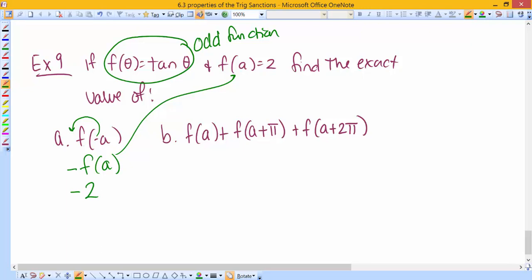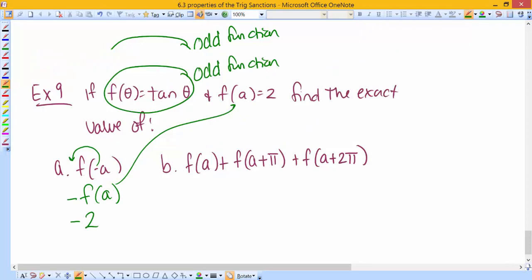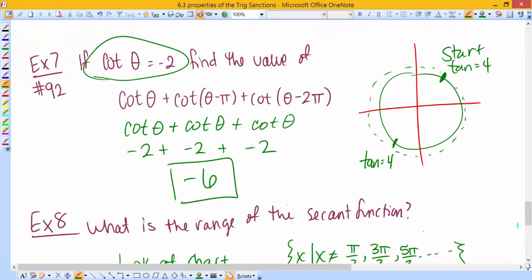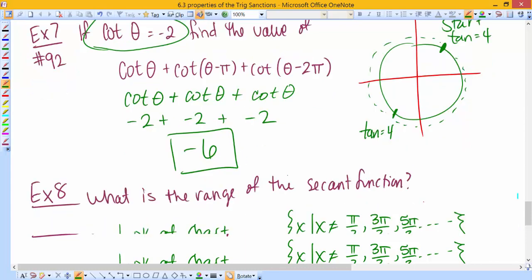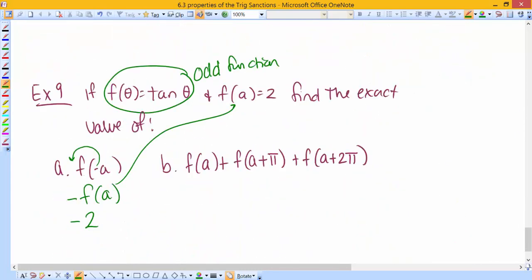Okay, now it says f of a plus pi. So I'm going to go back to tangent, and we need to remember what I just discussed in example 7 about the periodicity of tangent and cotangent. The periodicity of tangent and cotangent is every pi.